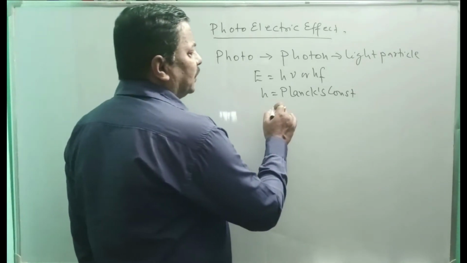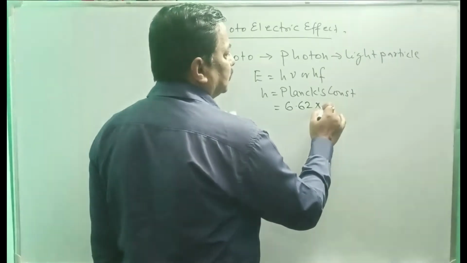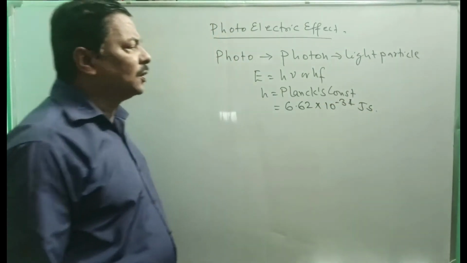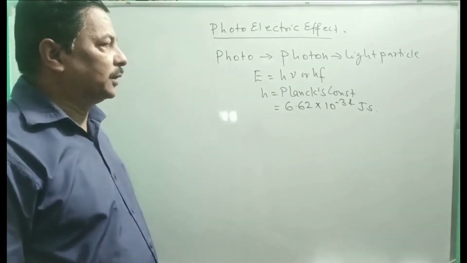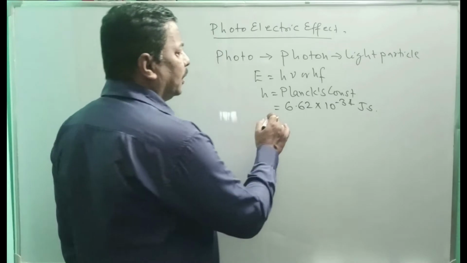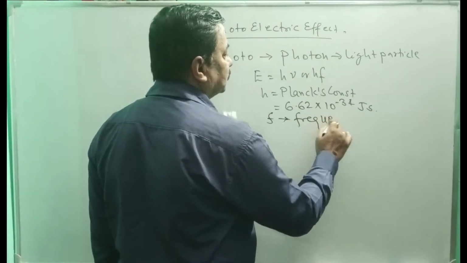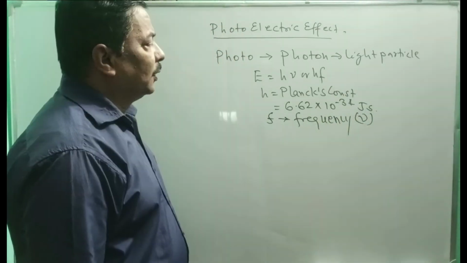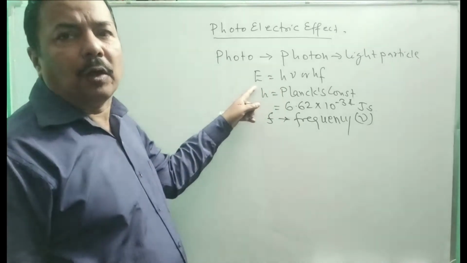This Planck's constant has the value 6.62 into 10 to the power minus 34 joule second, and f represents your frequency, or nu you can say. This is the energy of a single photon.